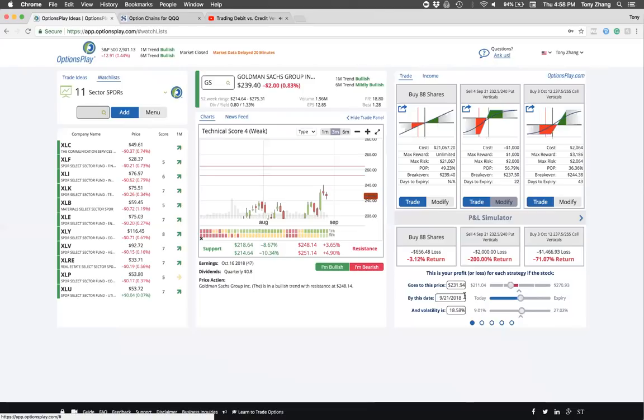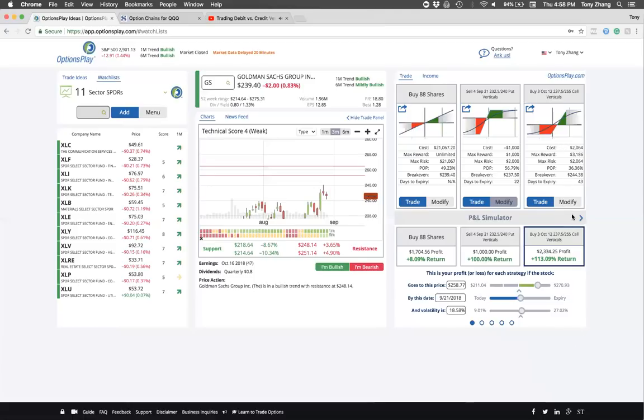So if the stock goes down to 230, I'm actually going to lose less money on this debit spread than I do on the credit spread. It's only if the stock goes all the way down to 216 that I'm going to lose that $2,000 on this debit spread. So this is really where you can compare any two strategies side by side and see which one gives you the highest return and what your risk is overall if the stock goes against you.